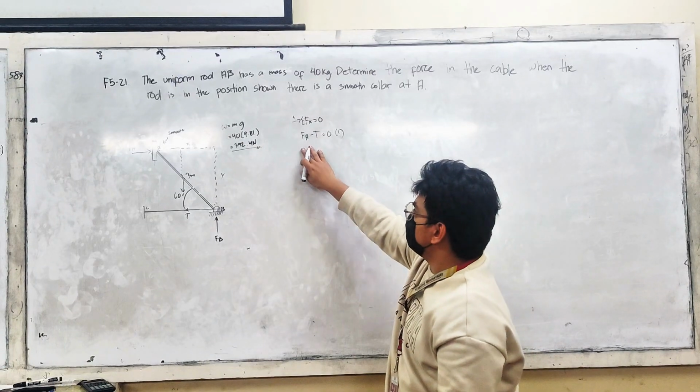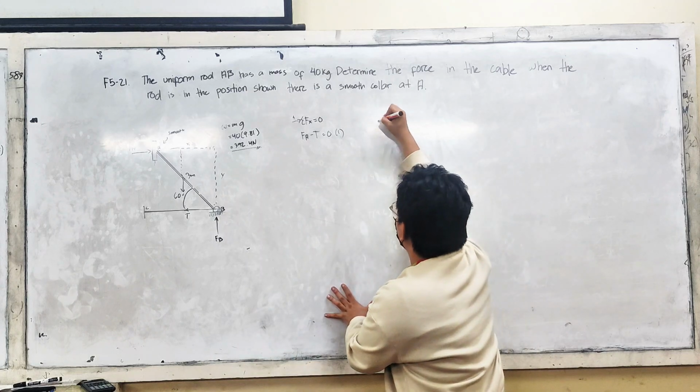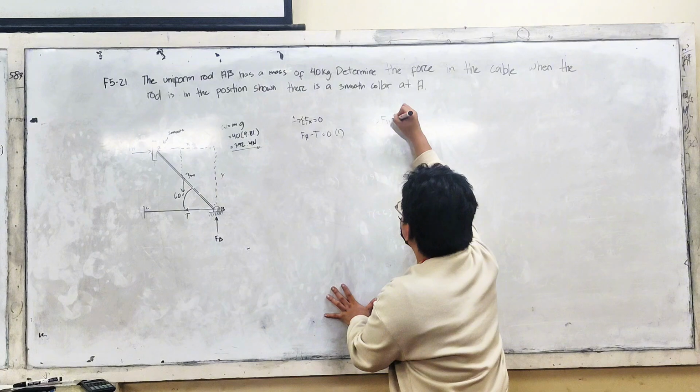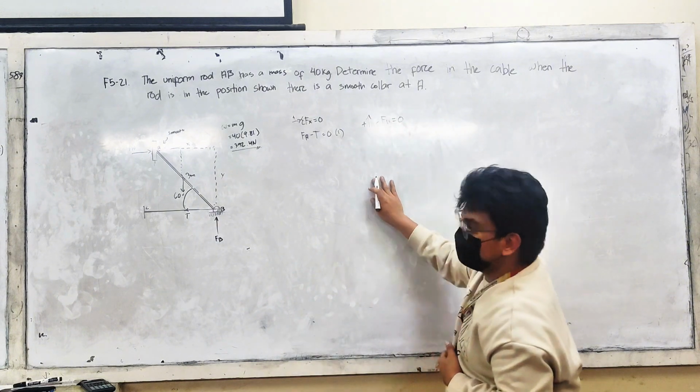Now, after we got our first equation, which is our Fx, we're going to solve for our Fy equals to 0. We assume that if it goes up, it's going to become positive.